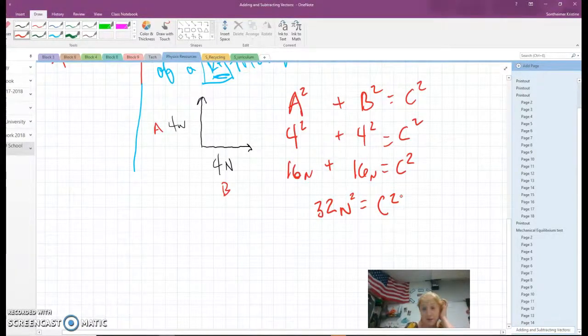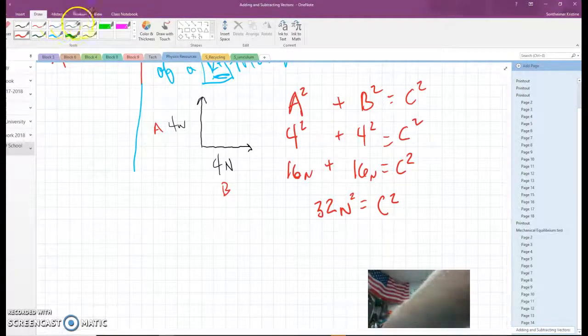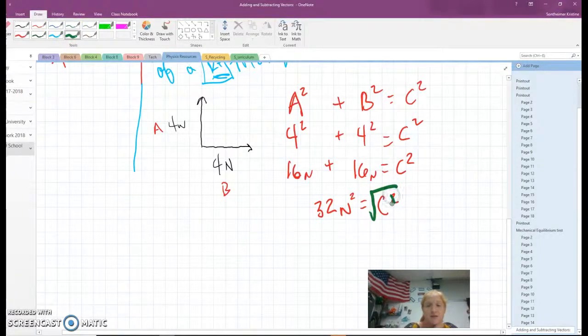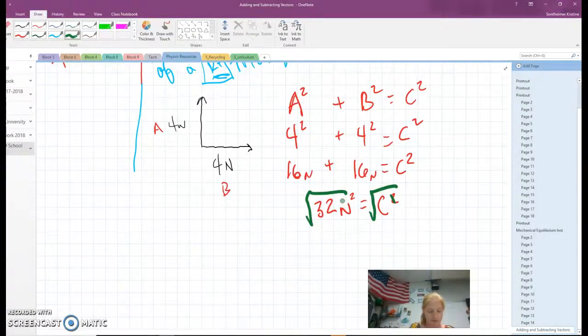How the heck do you get rid of the square? So I told you, you need those calculators with the square root. To cancel out the square, you square root. Now you'd have to pull up a calculator and do that real quick. So the square root of 32 is going to be, bear with me, square root of 32.